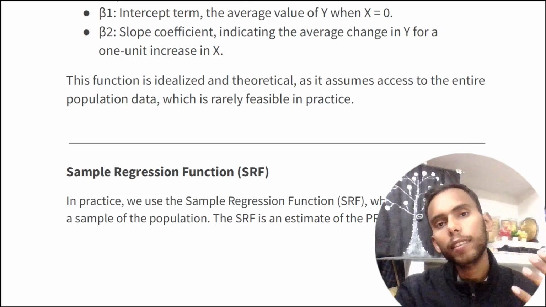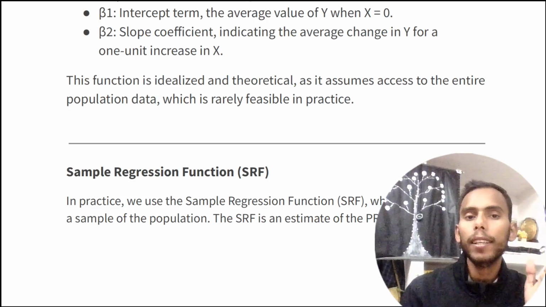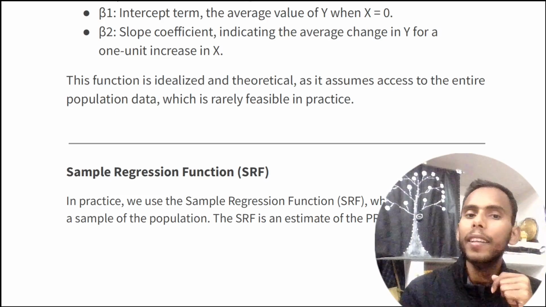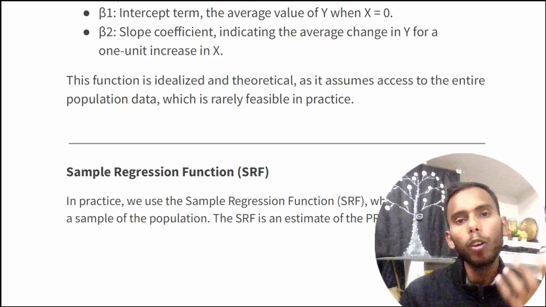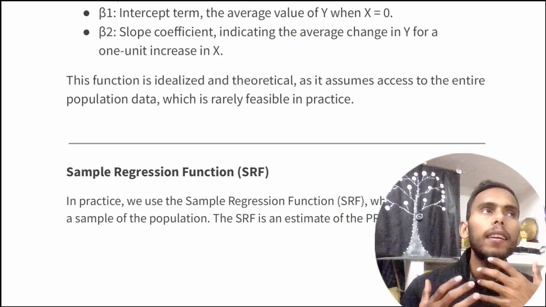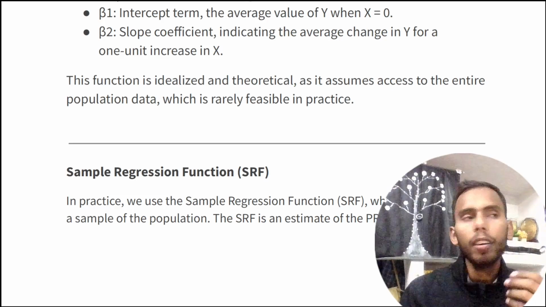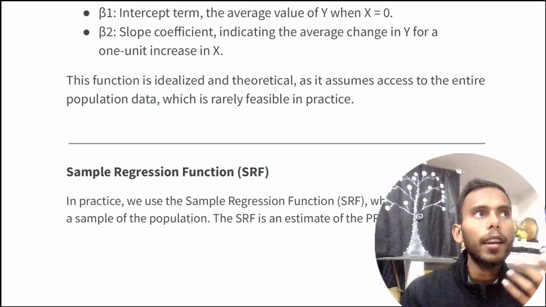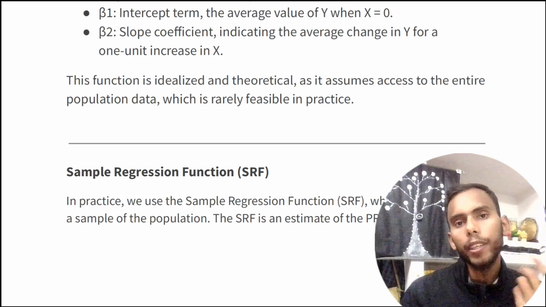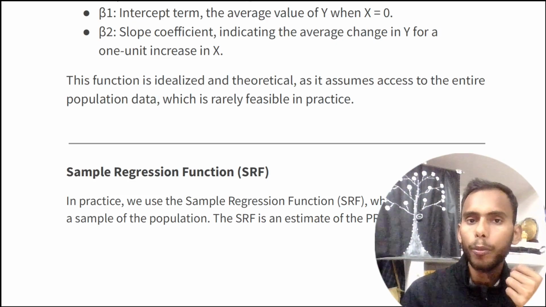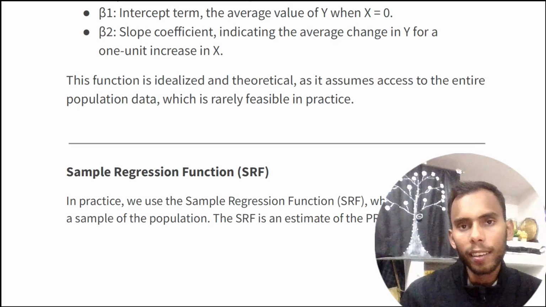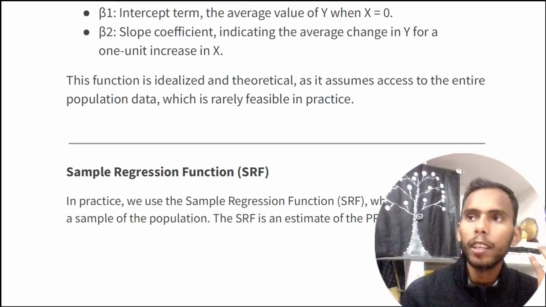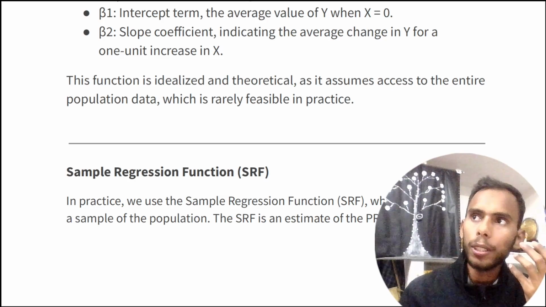Most of the discussion in this series of lectures will go with the sample regression function, because in actual economic phenomena it's not possible to get data from each and every one. For example, in a census survey we do get data from everyone, but it's quite expensive, and we do not conduct a census survey for every topic we want to research.